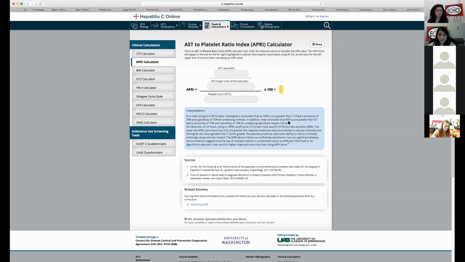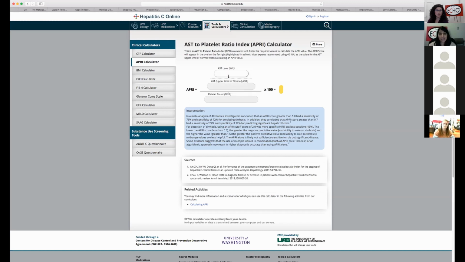They also concluded that an APRI score greater than 0.7 still had high sensitivity, 77%, for predicting significant hepatic fibrosis, which is typically stage 3 or 4. And if the APRI score is less than 0.5, it has a very high negative predictive value to rule out cirrhosis. Again, this doesn't require sending them for any additional testing.